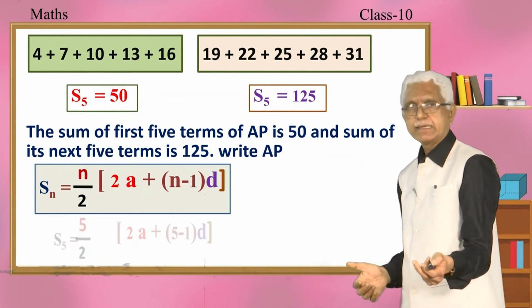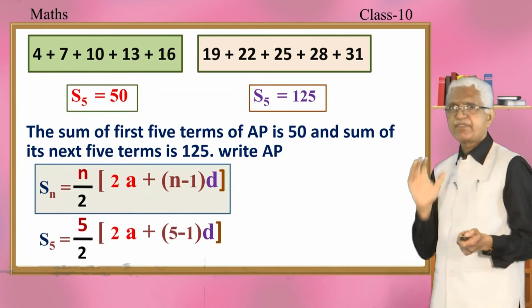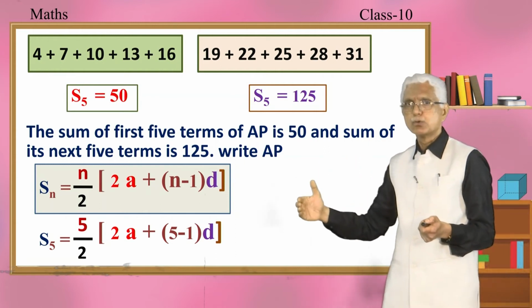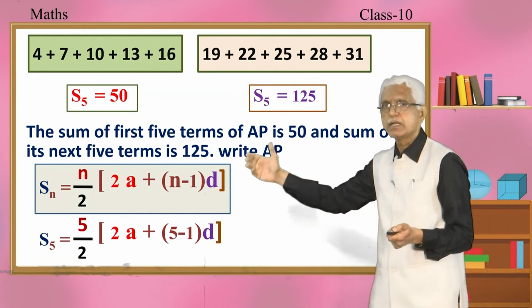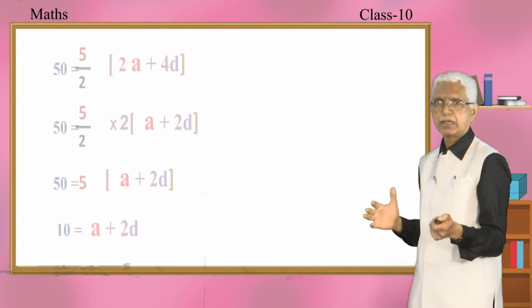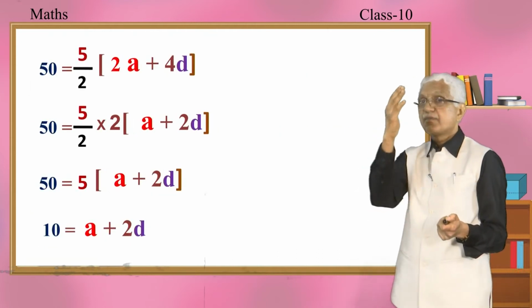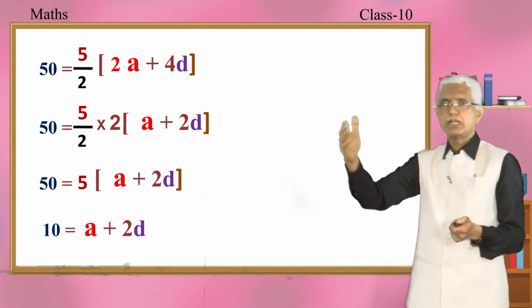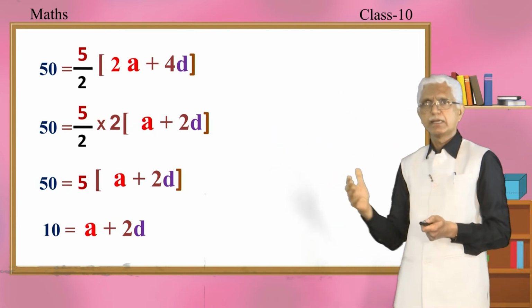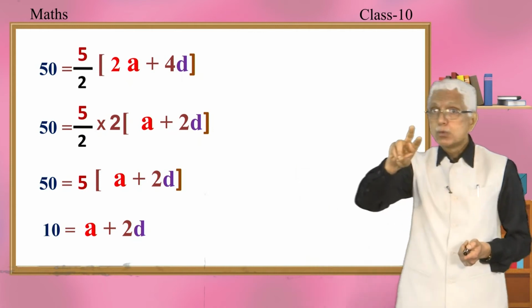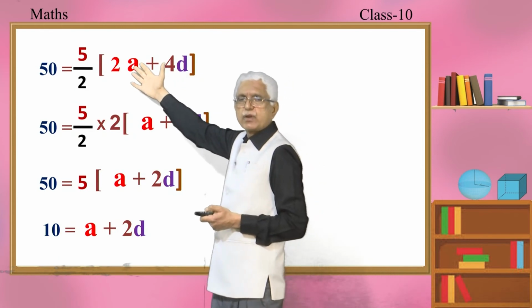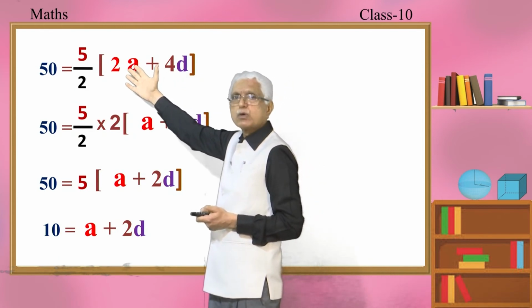Sum of the first 5 terms, S5 is equal to 5 by 2 into 2a plus 5 minus 1 into d. Correct? The first 5 terms sum was given to be 50. So 50 is equal to 5 by 2 into 2a plus 4d. Can I remove 2 as a common factor?